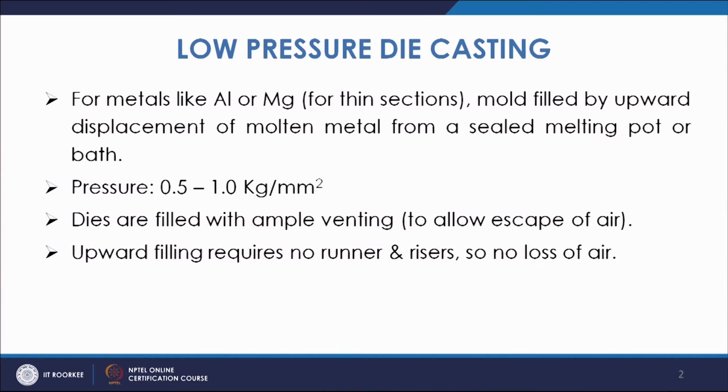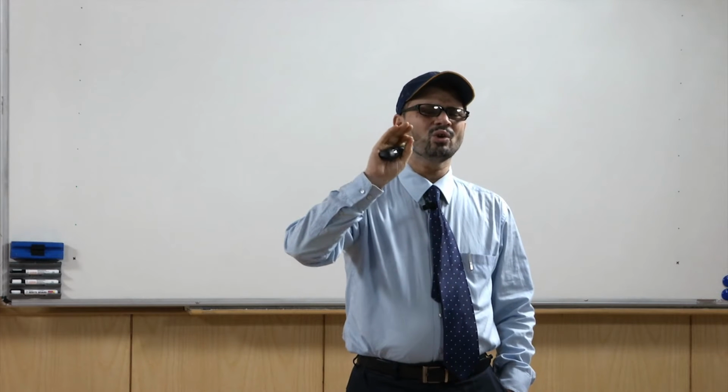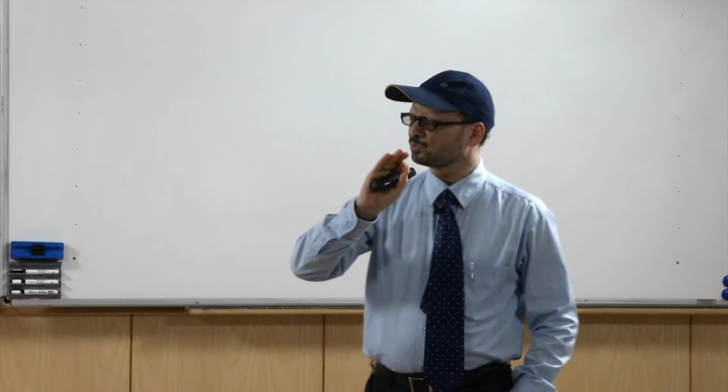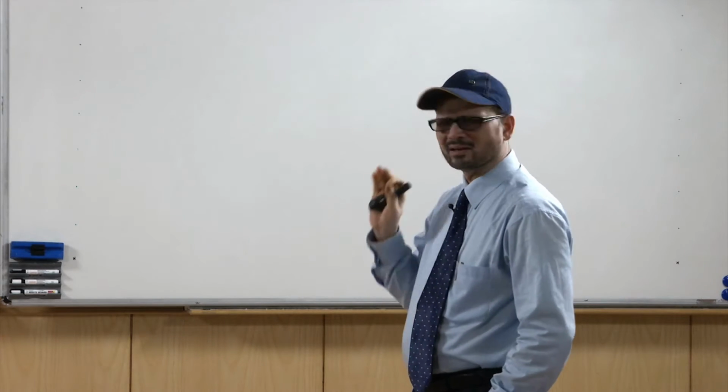Upward filling requires no runner and riser, so no loss of yield. Because there is the upward movement of the liquid in the mold, simply it goes into the cavity, with no need of the sprue or the riser or the runner.